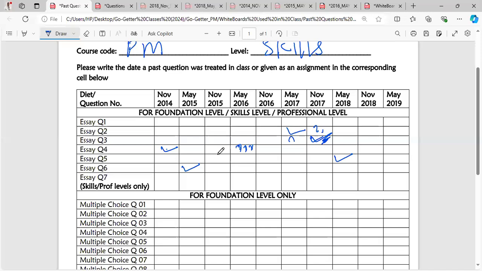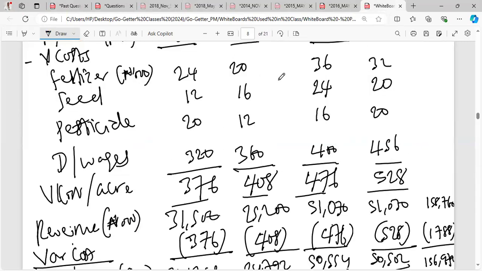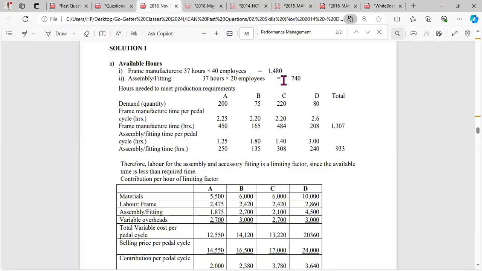Okay, so far so good. We've solved about 3 questions on limiting factor. So limiting factor should not be much of a problem for you, but just know that limiting factor questions, as you see in the exam type questions, are always mixed with other kinds of questions. Limiting factor can also be mixed with relevant costing. It can be mixed in different ways, like we see in question number 1 of November 2018.